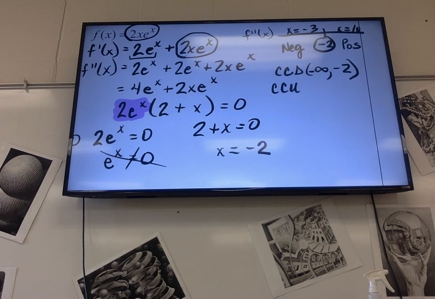And it's concave up from -2 to infinity. So that makes x equals -2 a point of inflection, because that's where it changes the concavity.